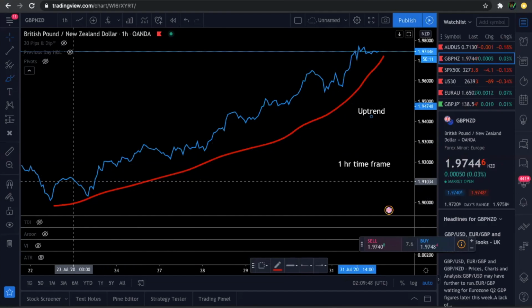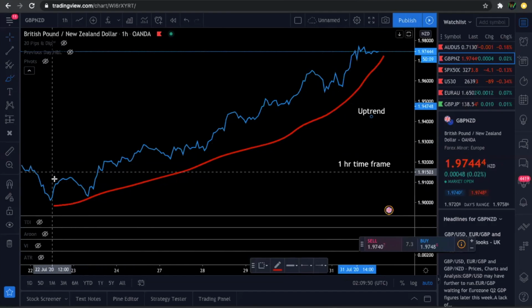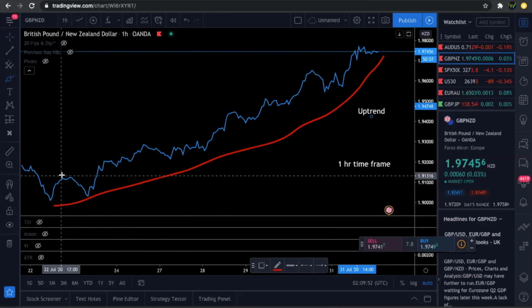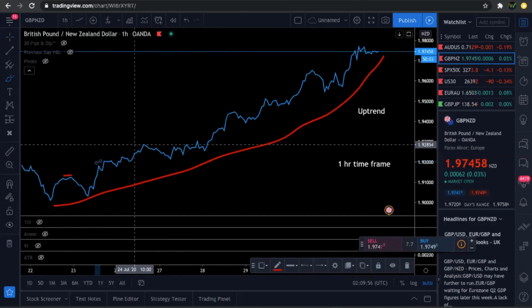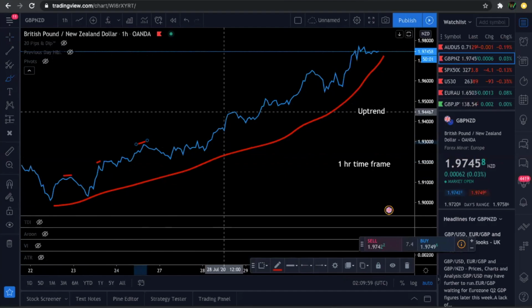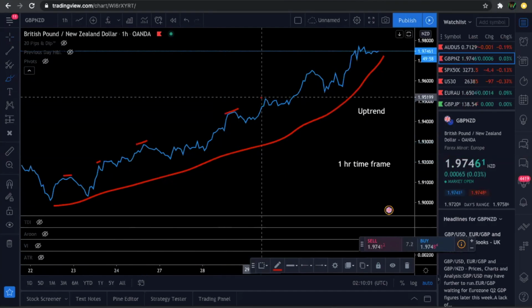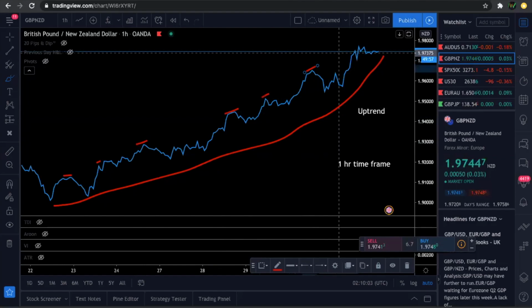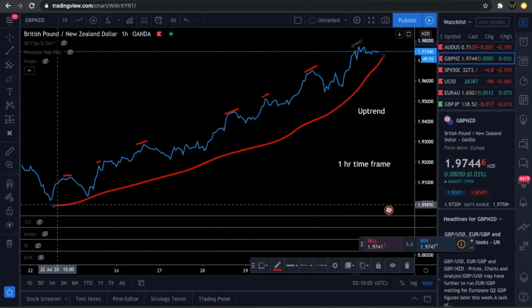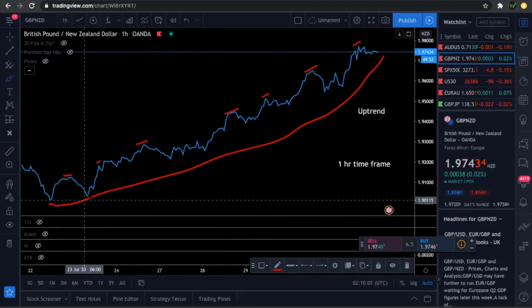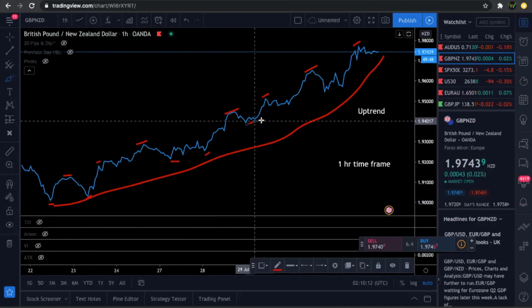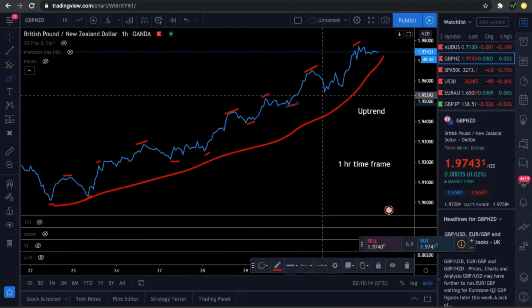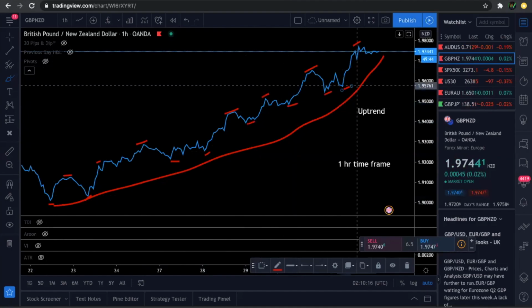Higher highs, so start over here, and the new peak keeps making higher highs, and higher lows. So this is a confirmed uptrend.